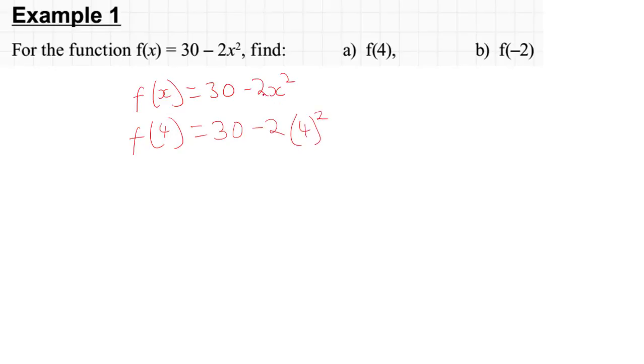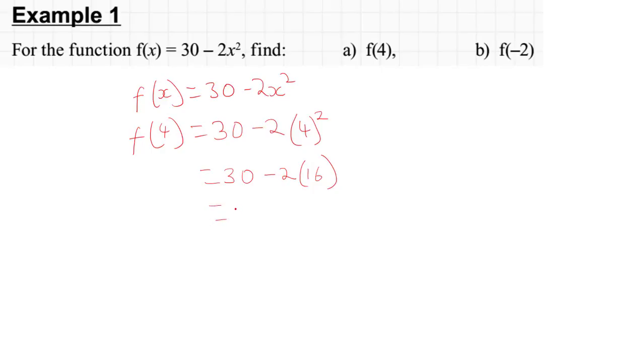That means 2 times 4 squared. Remember BIDMAS, you have to do your indices first. So I've got 30, and I've got -2, and I need to sort out the powers first. That's going to be 16, because 4 squared is 16. You can still have the bracket on.